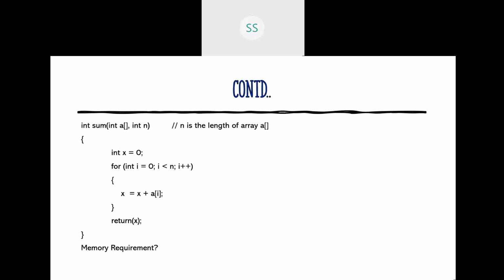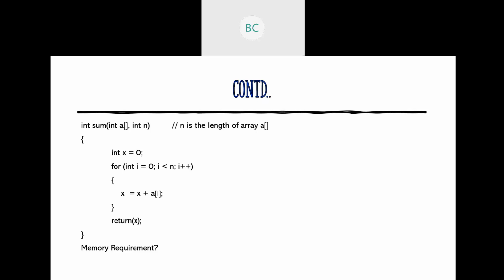See how many variables we have. Variables is 4. Other than the return value, we have the array, because your array is also int type, right? So 4 bytes of space. Then again, it will depend on the number of elements, that is n.